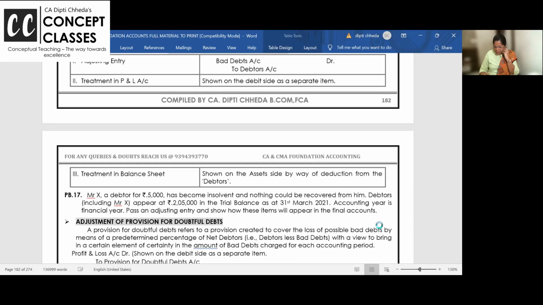Debtors including Mr. X appear at 2,05,000. Pass the journal entry and show how these items will appear. Very simple. If 5,000 is bad debt, I had to receive 2,05,000 from my debtors, but now I'm not going to receive 2,05,000. So should I reduce that much from debtors or not?